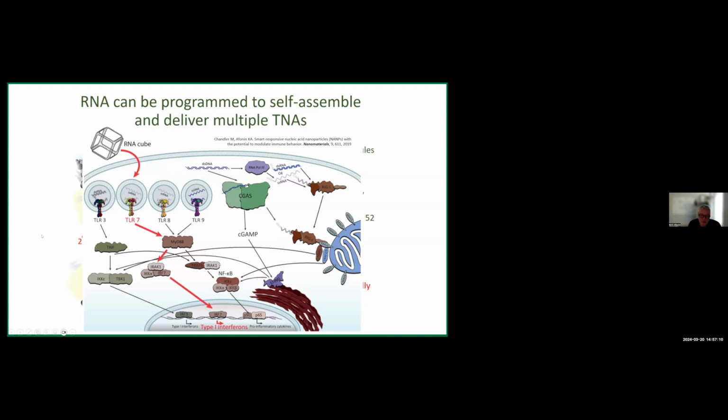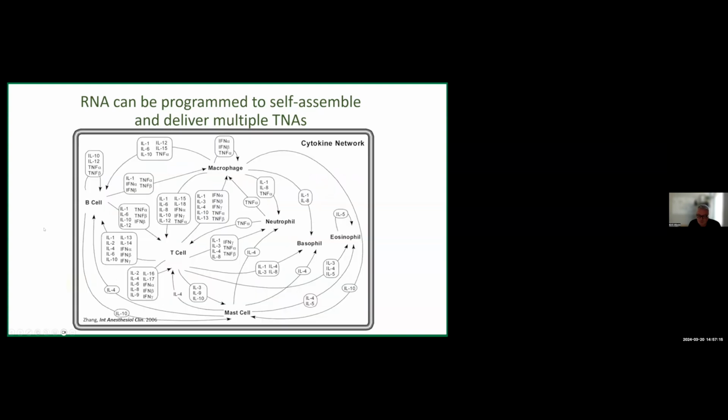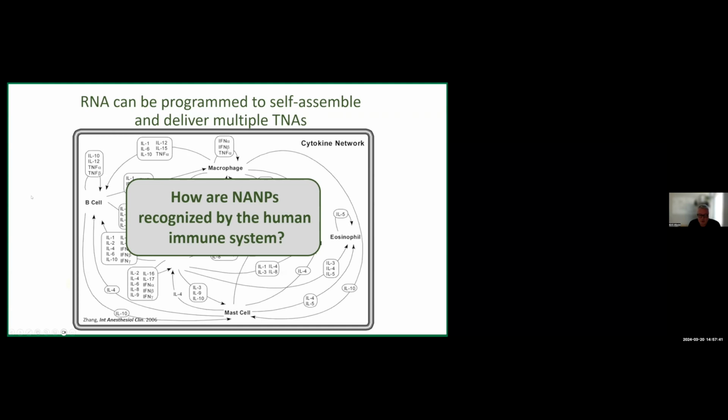The detection of foreign nucleic acid materials will activate a complex network of signaling cascades that usually culminates in the production of interferons or different types of cytokines or chemokines. While controlled immunostimulation may have beneficial therapeutic effects, the unregulated induction of cytokines may lead to undesirable inflammation and cytokine storms. Therefore, it becomes crucial to understand the immune recognition of nucleic acid nanoparticles, NANPs.